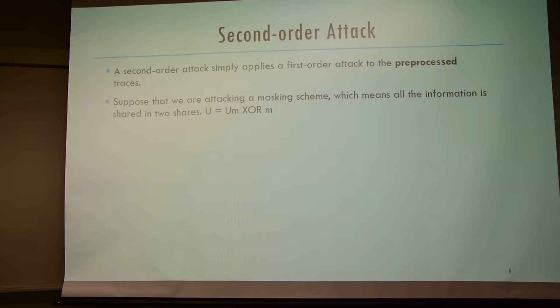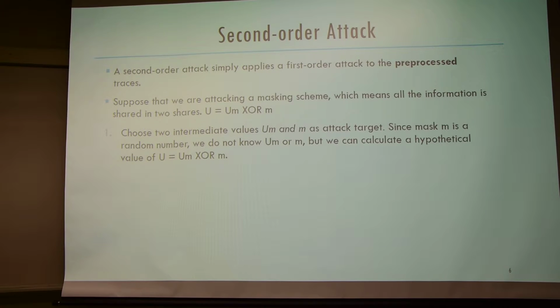So a second order attack just simply applies a first order attack to the pre-processed traces. So suppose that you are attacking a masking scheme, which means all the information is shared into 2 shares, and U is the information, the 1 bit information, and it is shared into 2 shares, UM and M. Okay?